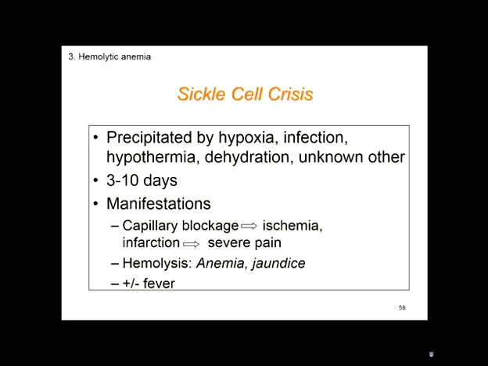And where do we look for jaundice? In the sclera, okay? Now, if there is also a component of infection, which can easily happen under these circumstances, they may also experience fever. So, very severe problem and potentially fatal problem.